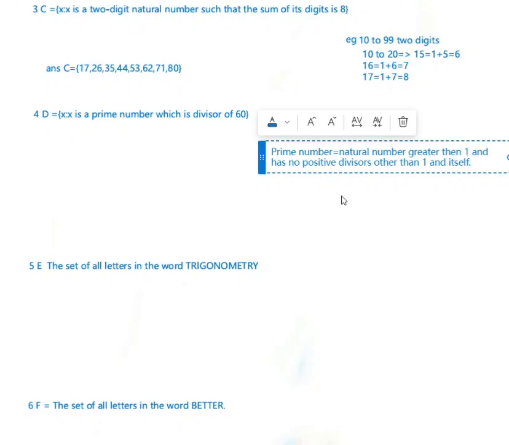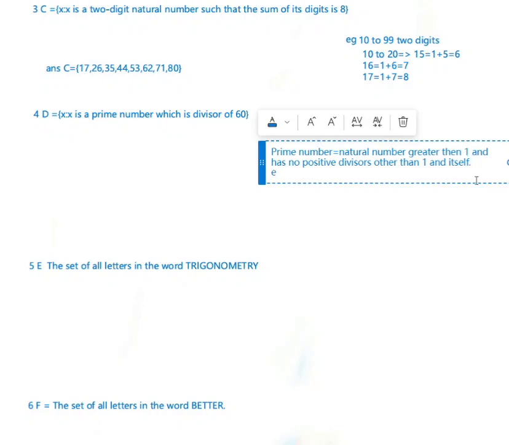So a prime number is a natural number other than 1. Natural numbers start from, I think, greater than 1. Okay, so a prime number is a natural number other than 1 which has no positive divisor other than 1 and itself.